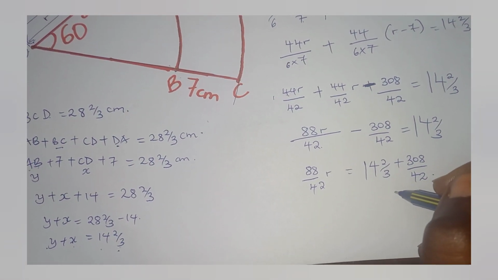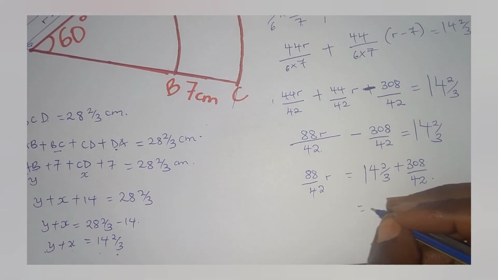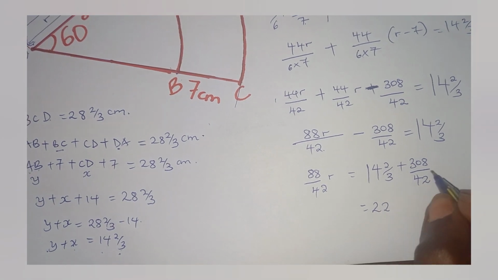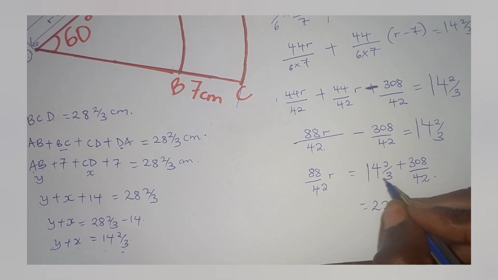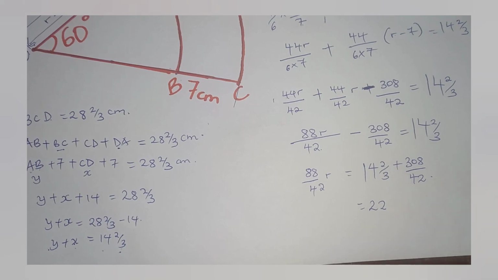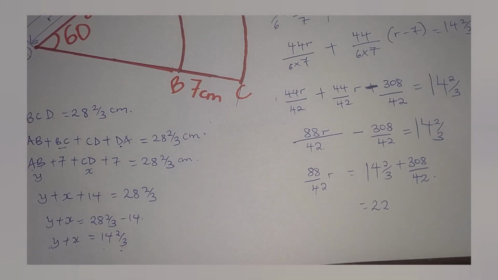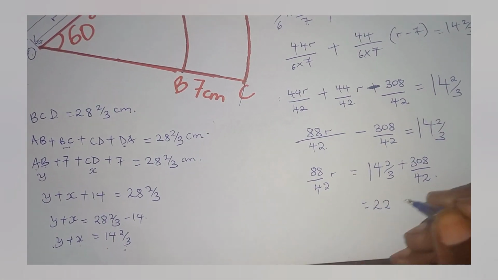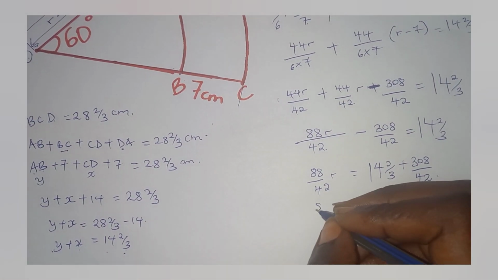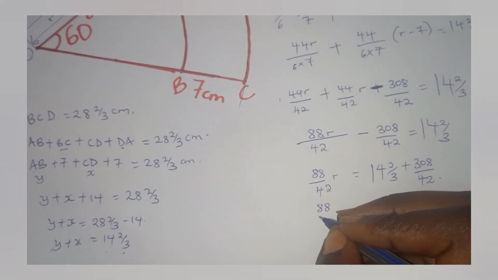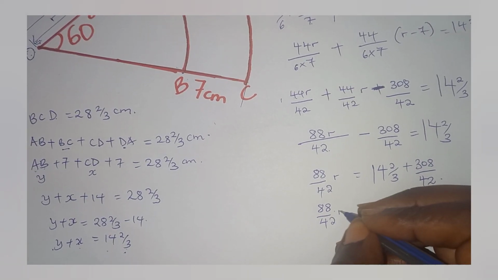You can choose to convert this one into an improper fraction and then directly feed it in the calculator. You'll get the answer to be 22 is equal to 88 over 42 r.